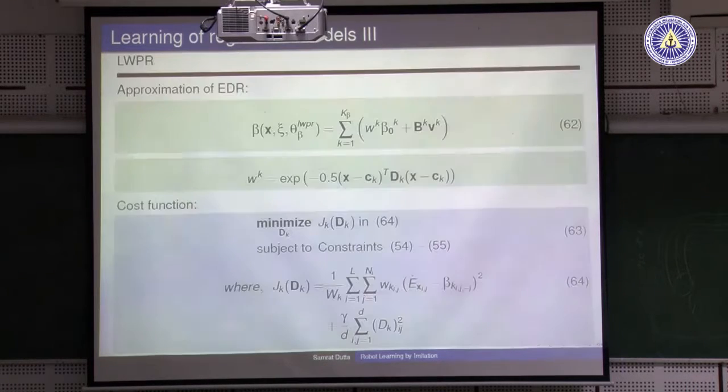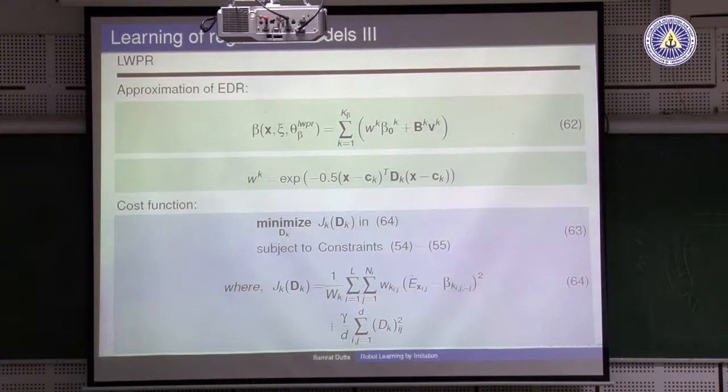Okay. Then it is LWPR, locally weighted projection regression, where the good thing about LWPR is that it can learn functions of many dimensions. What it does is it projects all the dimensions into a reduced order dimension, where the model is well fit, and it removes all redundant dimensions.